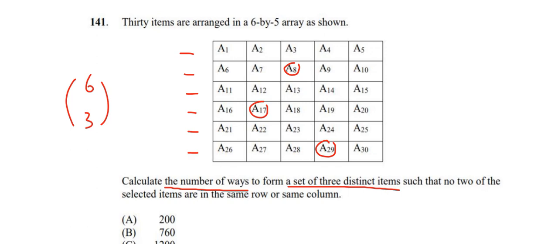Once we pick the 3 rows, for the first one we have 5 column options. Pick one of the columns, so there's 5. Then pick another one, so 4 ways, right? We cannot pick the same column. And then 3.